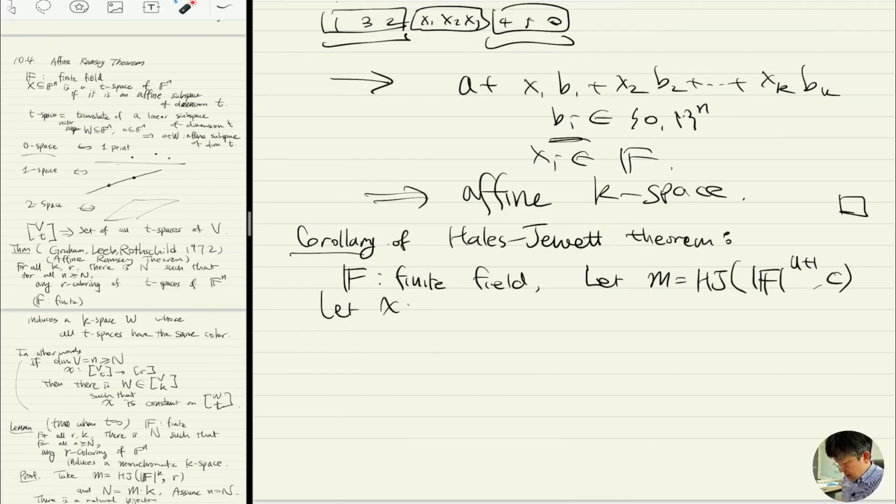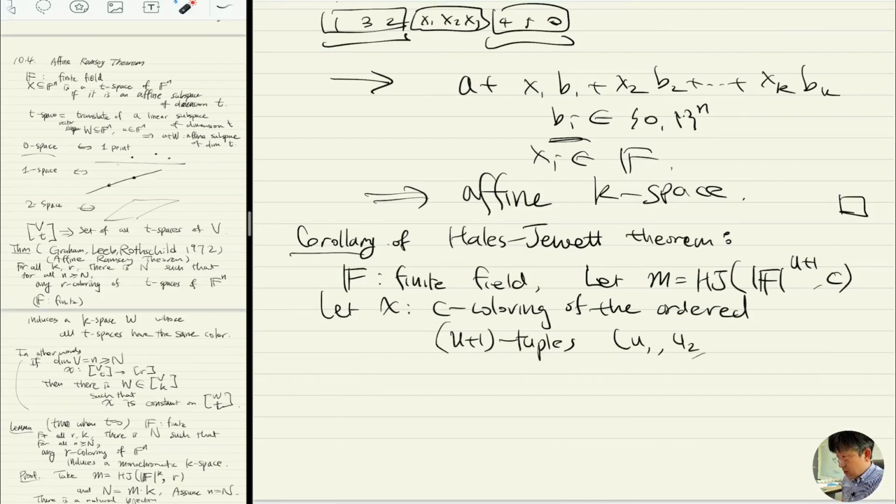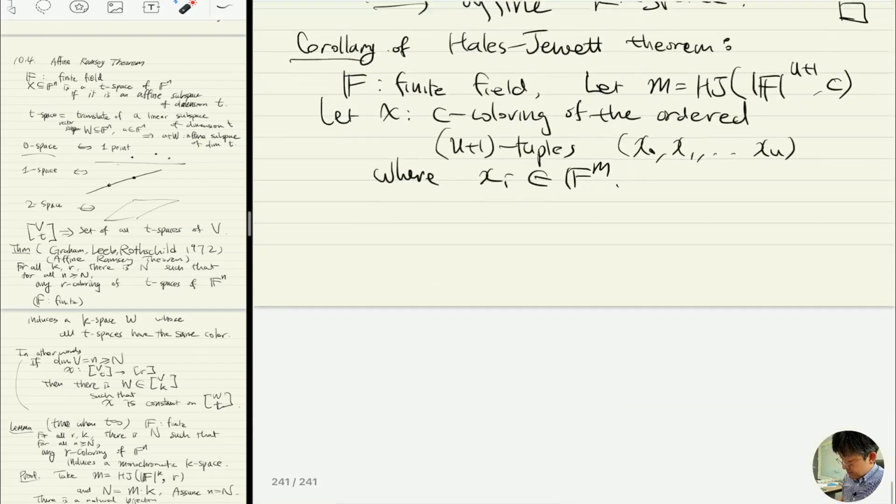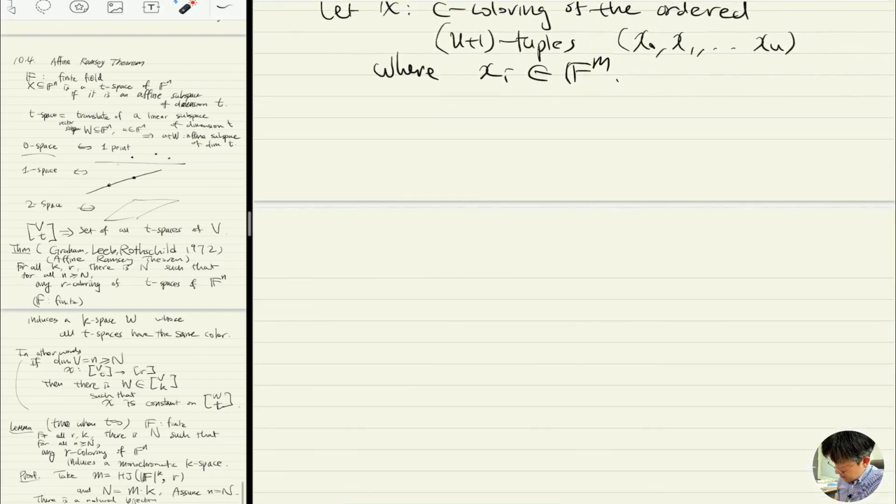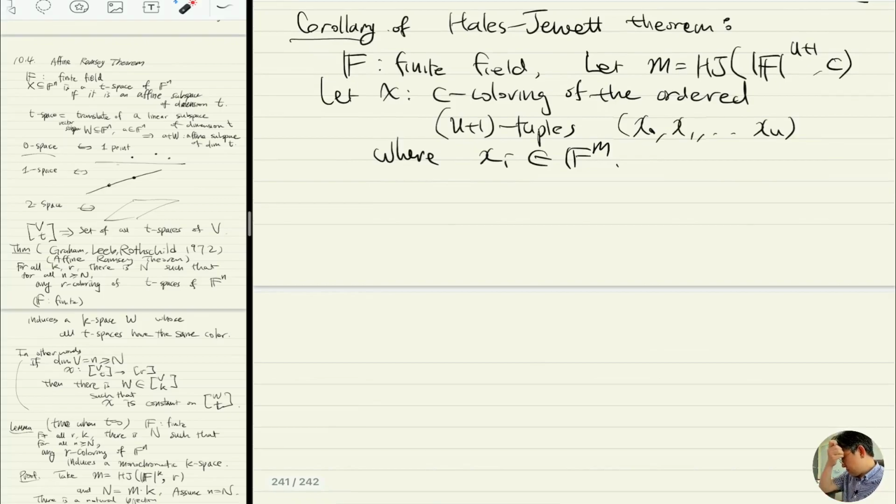Let chi be the C coloring of the ordered U plus 1 tuples X0, X1 up to XU, where Xi is in F to the M. So it's a description of U space, right?